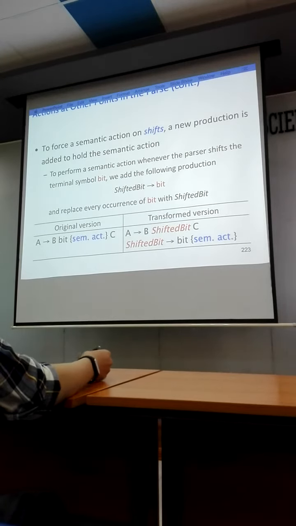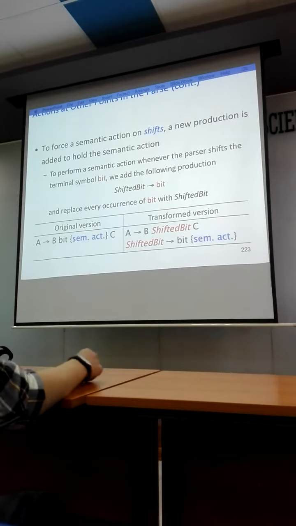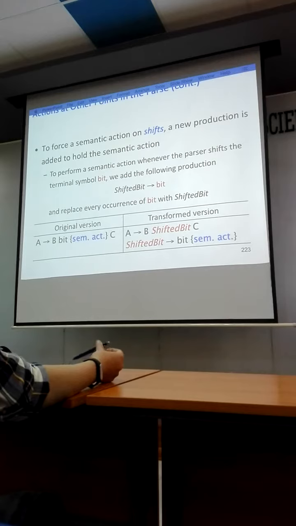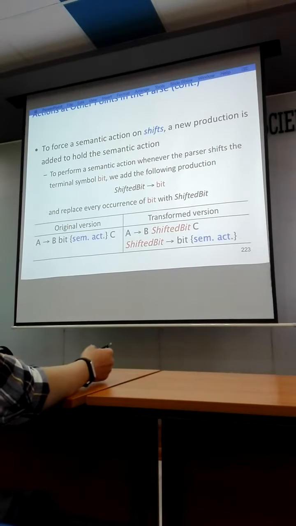Then, once again, using this trick, we can always move semantic action to the right hand of production. And remember that it's essential that these two versions generate the same language.